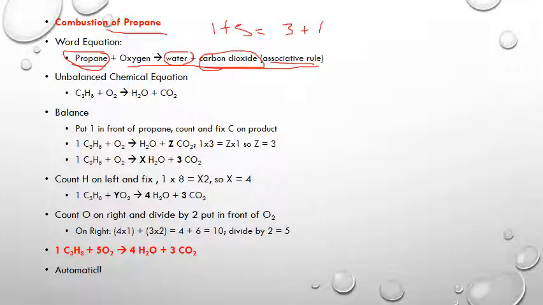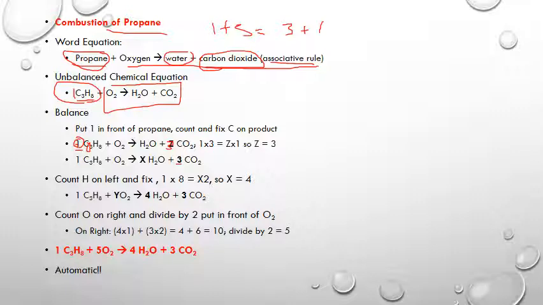Okay, so the unbalanced equation. Here's propane, and here's the part that always stays the same. So I'm going to balance the equation, so I'm going to put a 1 in front of my alkane, and then 1 times 3 is 3, so I put a 3 in front of my carbon dioxide. Okay, so my carbon dioxide is fixed.